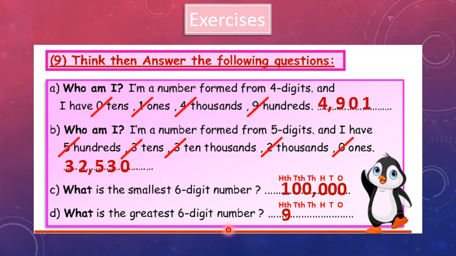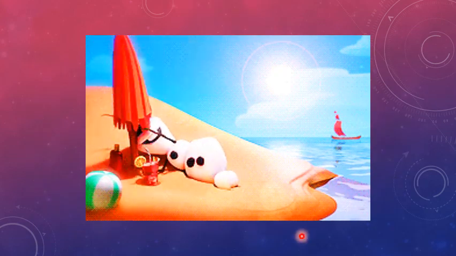Then we will take 9 in the highest place value, which is 100,000, and put 9 and 9 and 9 and 9 and the last 9. Then we have 6 digits, each digit a 9. This number is called 999,999, the greatest 6-digit number. Good job. Goodbye.